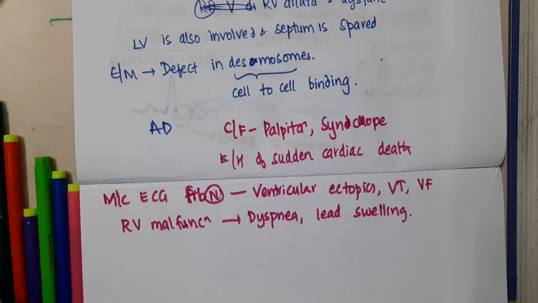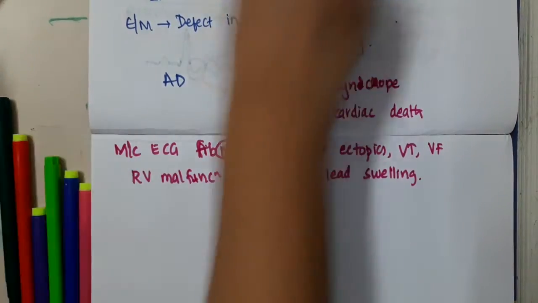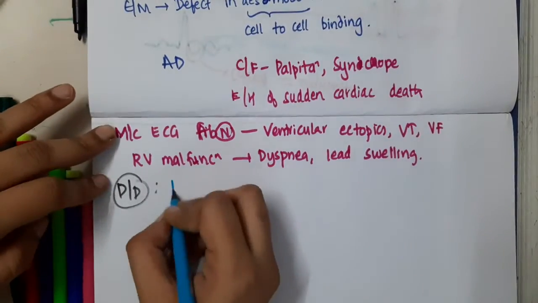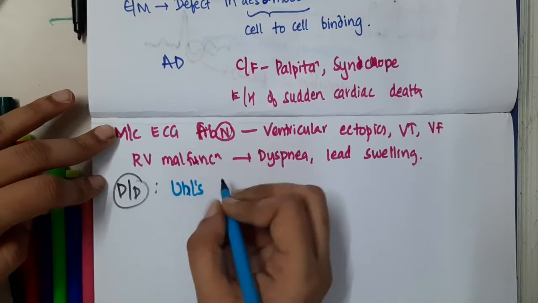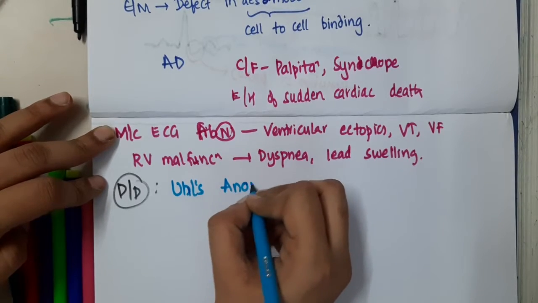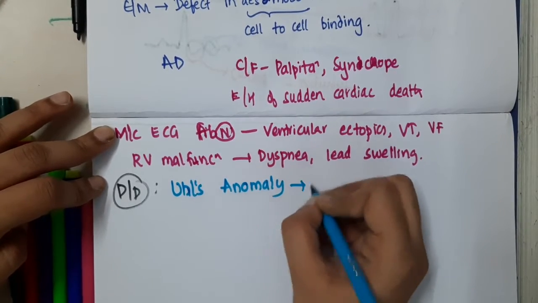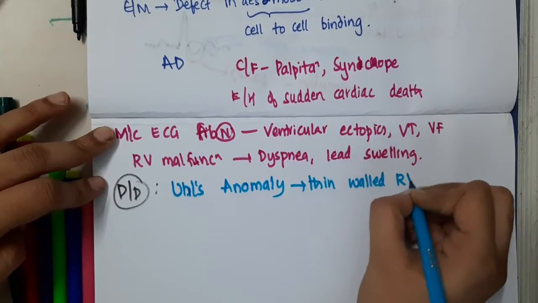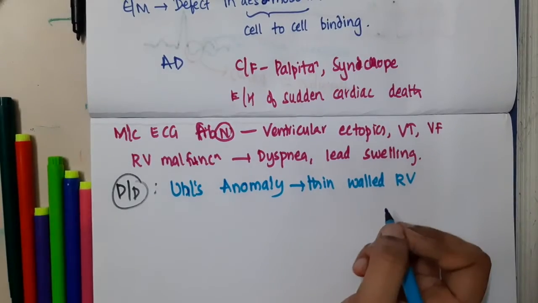If you see the differential diagnosis of arrhythmogenic right ventricular dysplasia, it is called Uhl's anomaly. Uhl's anomaly has a thin-walled right ventricle.